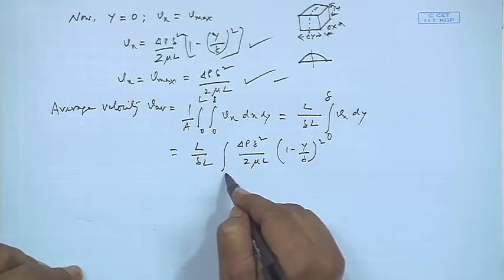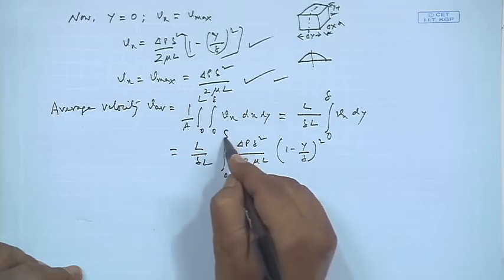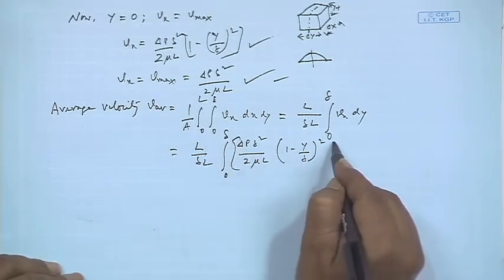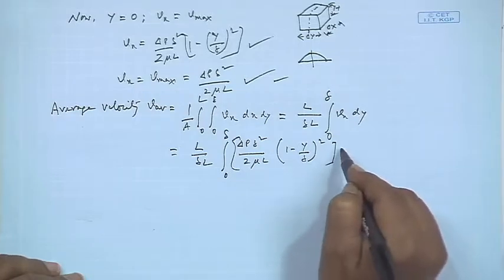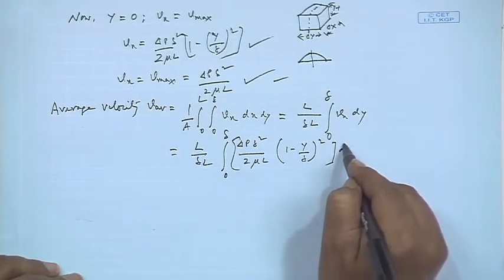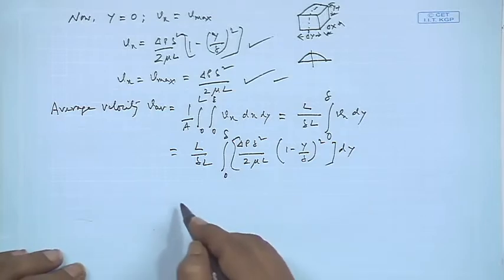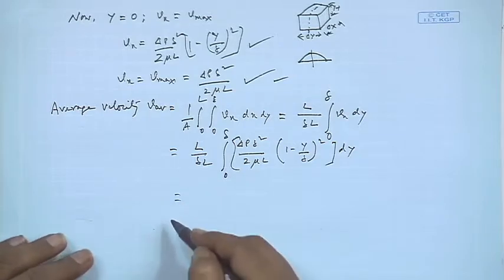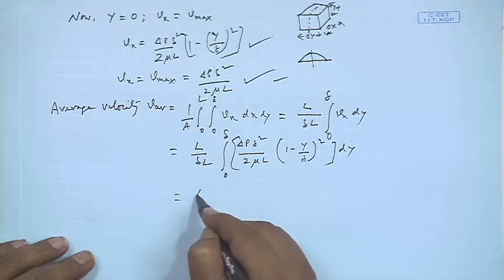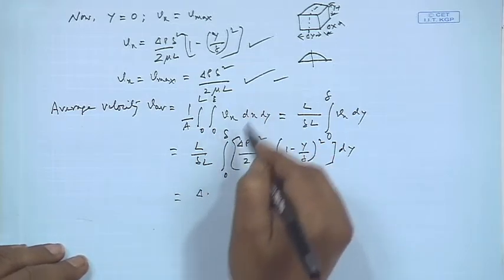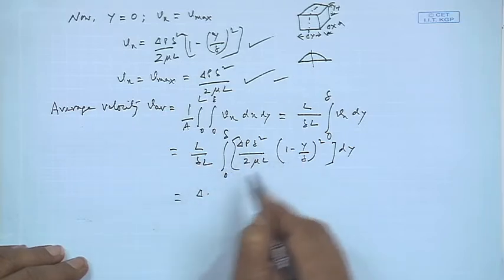This was between 0 to del, right, this into dy, right. On simplification and integration, we can write delta p, we missed out, oh, delta p is there.